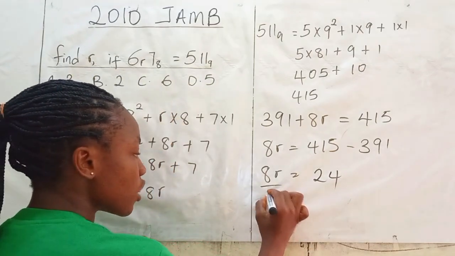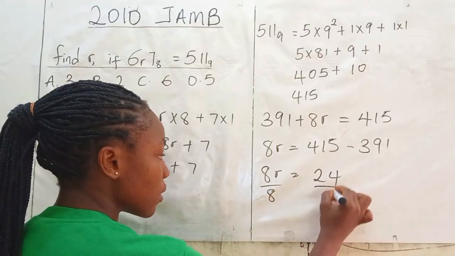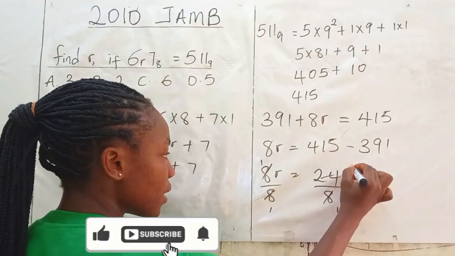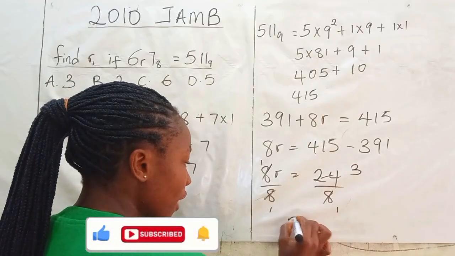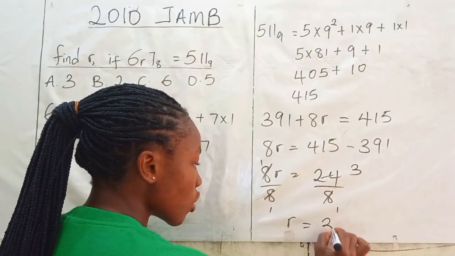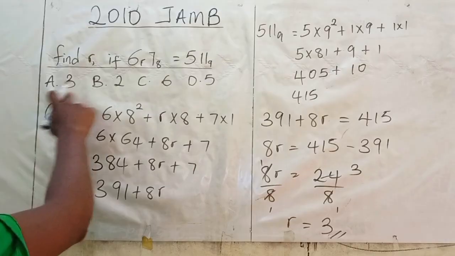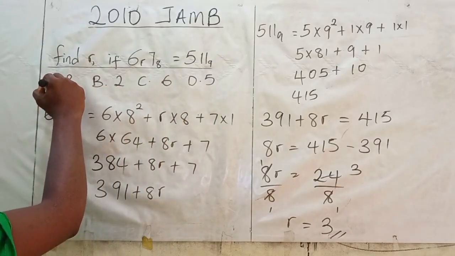So dividing this by 8, 8 here, 1, 8 here, 3. So the value of our R is equal to 3. So the correct option here is option A.